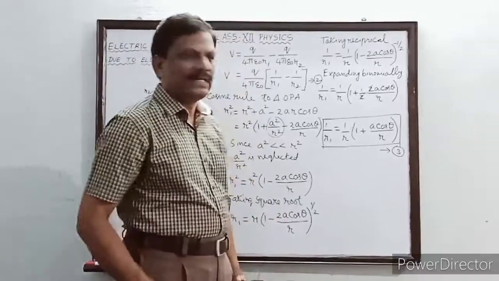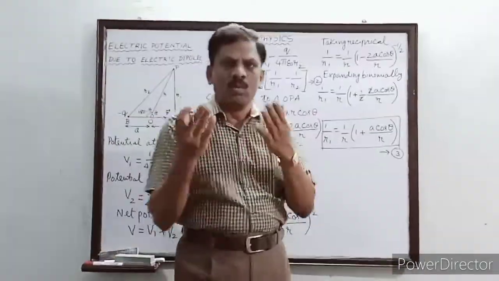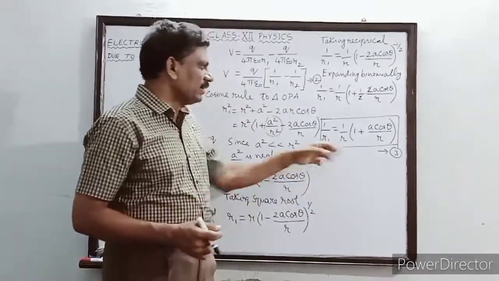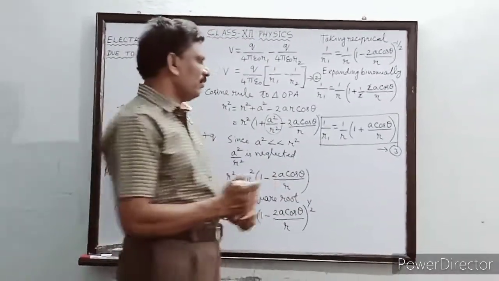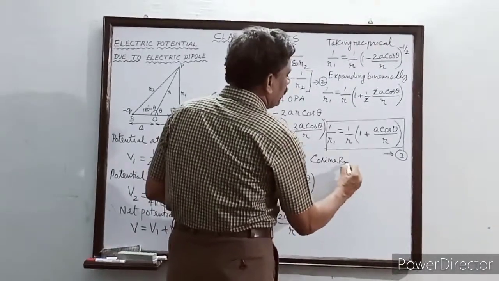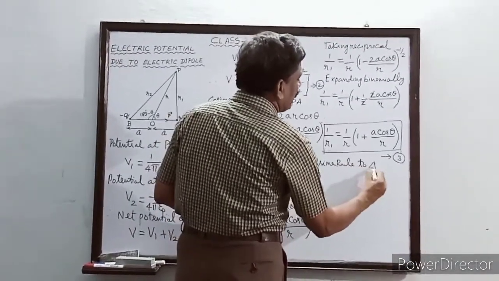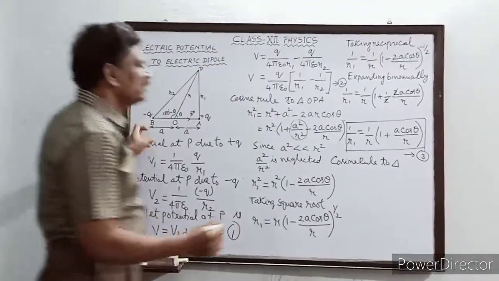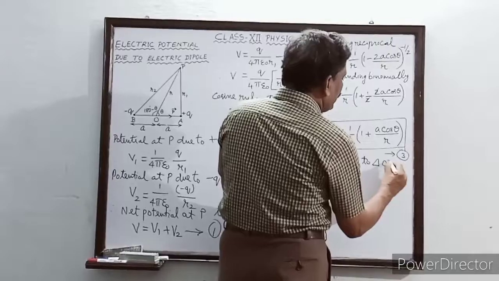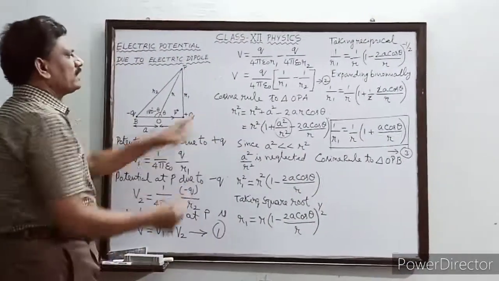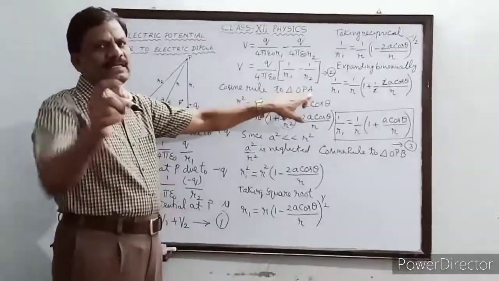Okay, like that. Now we have to express 1 by r2 in terms of 1 by r. So for that, the cosine rule. The cosine rule is applicable for a triangle. The other triangle is OPB. So similarly, we applied the cosine rule to triangle OPA, is it not?